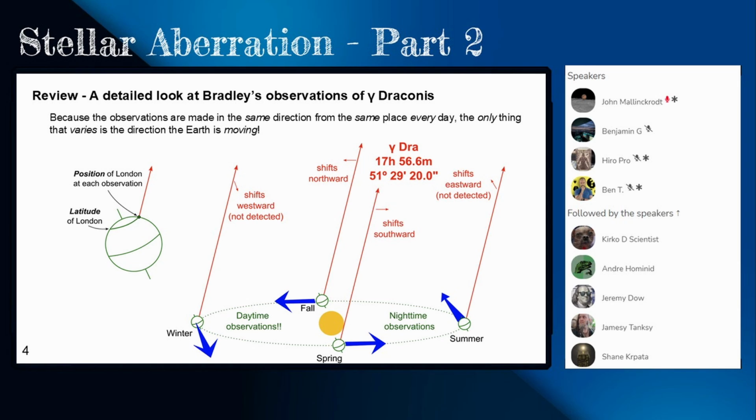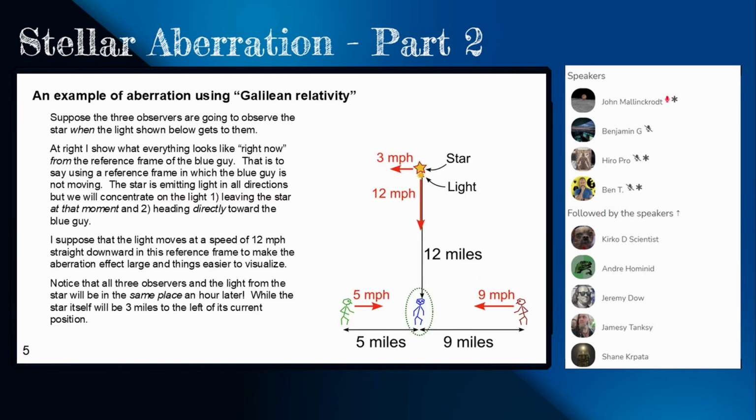Having said that, I'm going to refer to the motion all the time, so I'll have to explain that a little bit. So here we are, a simplified version. I've made the speed of light here 12 miles per hour, just so we can see bigger angles going on. But the same principles will apply when we let it speed up by a few orders of magnitude. So here's a star.